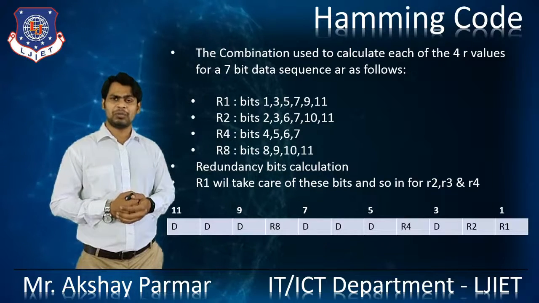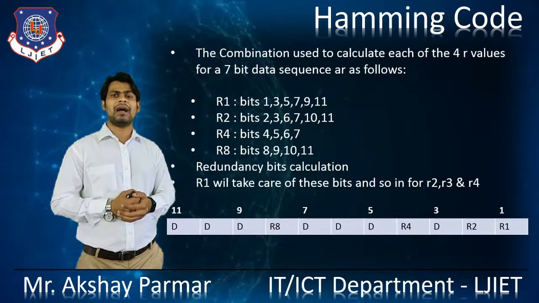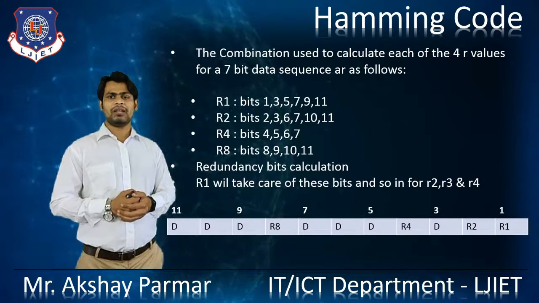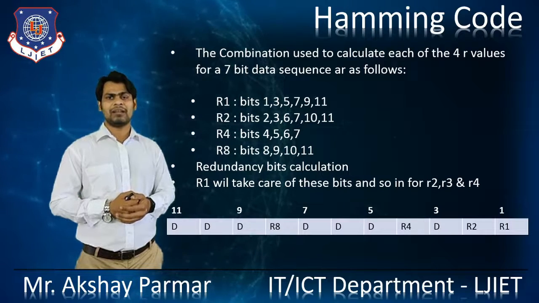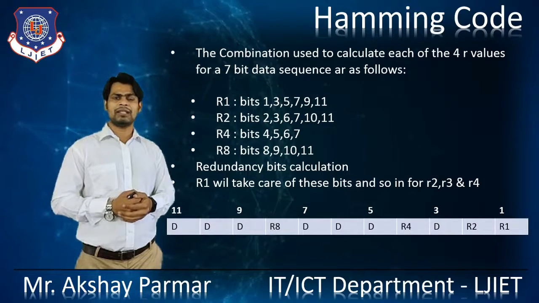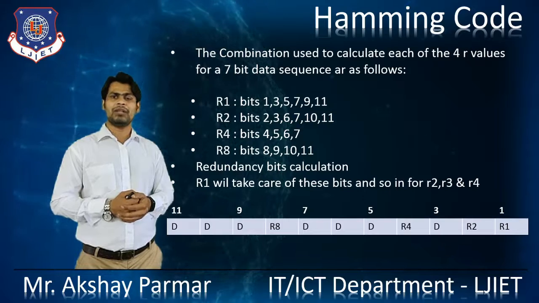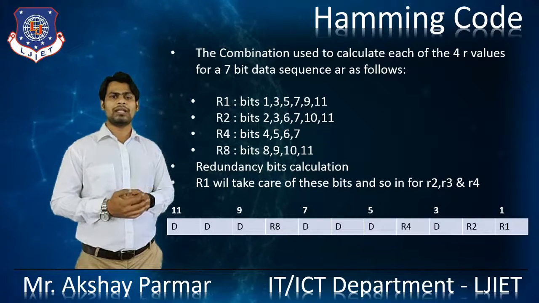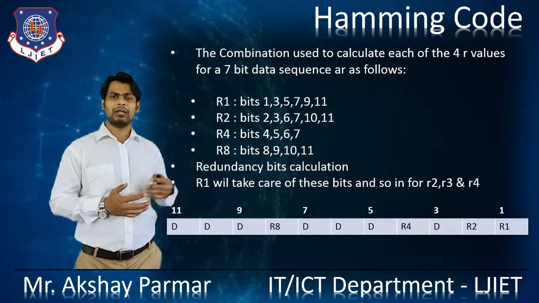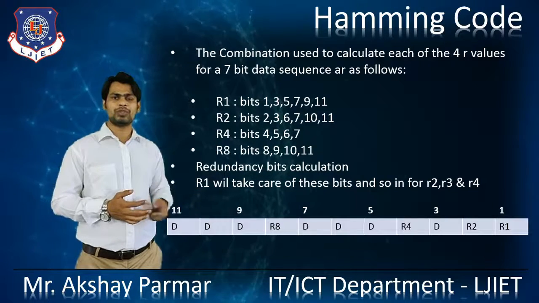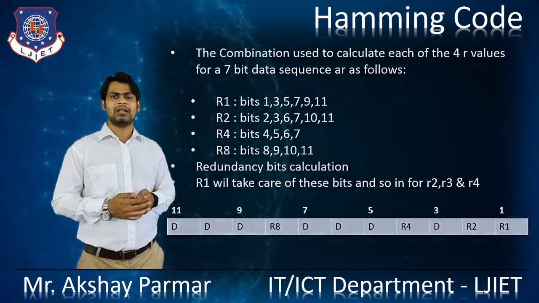After that, at the 8th position we put the redundant bit R8, and at positions 9, 10 and 11 we put the data bits. That's how we arrange the redundant bits in between the data bits, and how we select R1, R2, R4 and R8 with respect to the data bits and their positions.